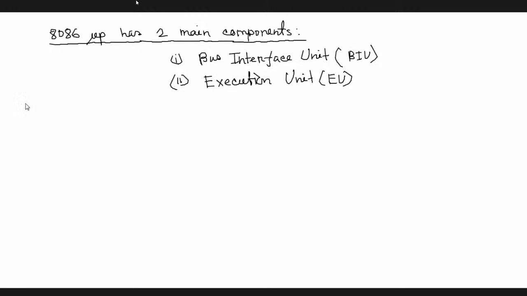Okay, first let's talk about the bus interface unit. We're talking about the microprocessor, and you know that the microprocessor is connected with output devices, input devices, and also memory devices.